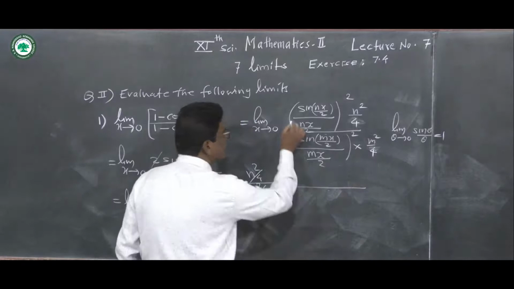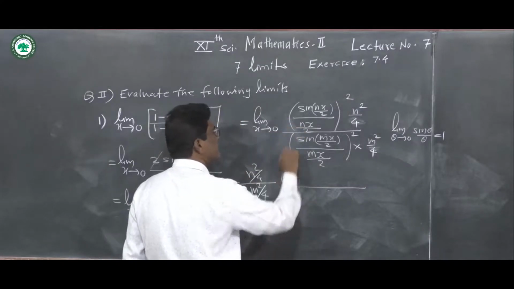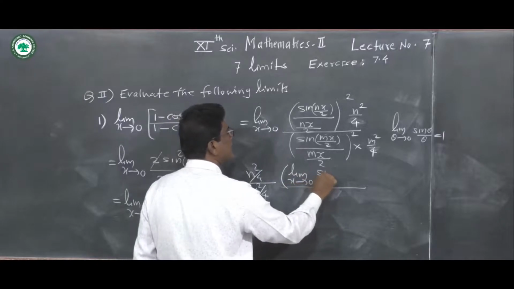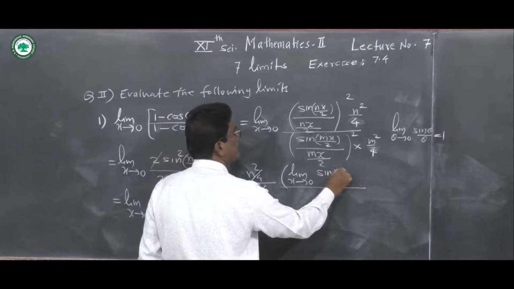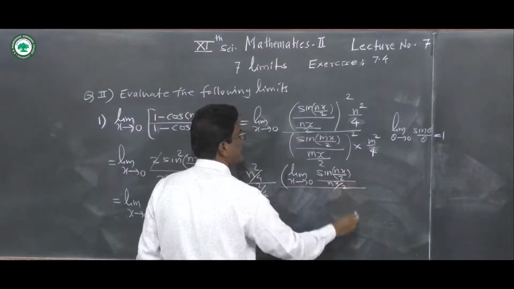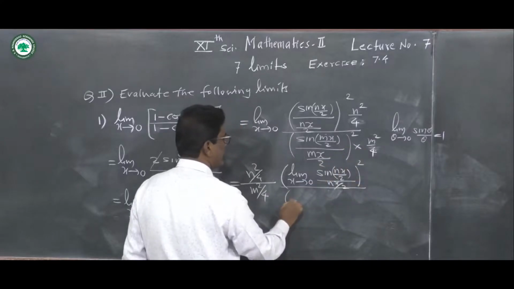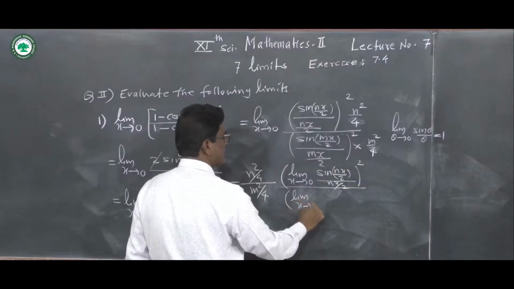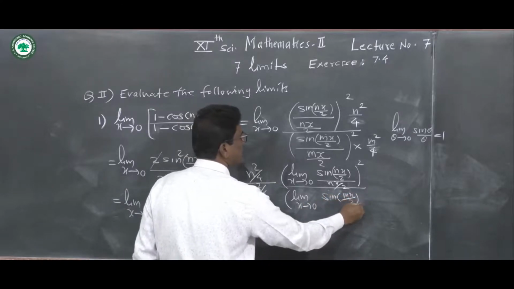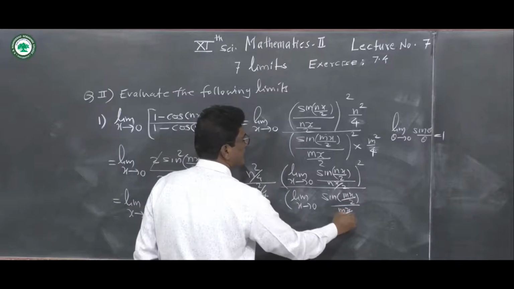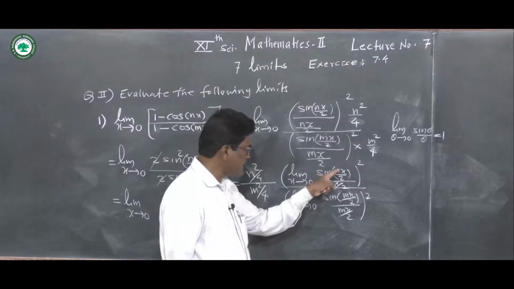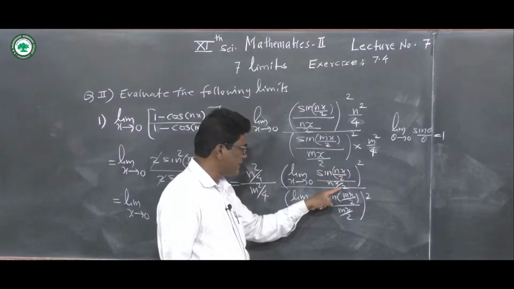And now we take the limit as x tends to 0 inside the bracket directly, that is limit as x tends to 0 of sine nx divided by 2 divided by nx divided by 2, bracket square, and in the denominator limit as x tends to 0 of sine mx divided by 2 divided by mx divided by 2, bracket square.